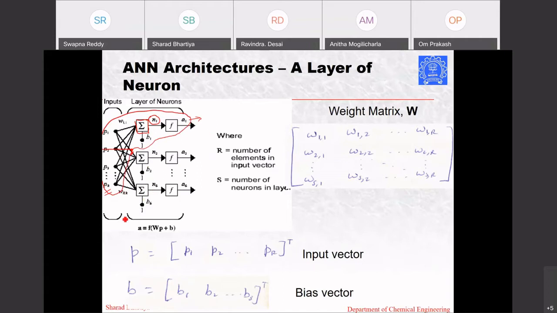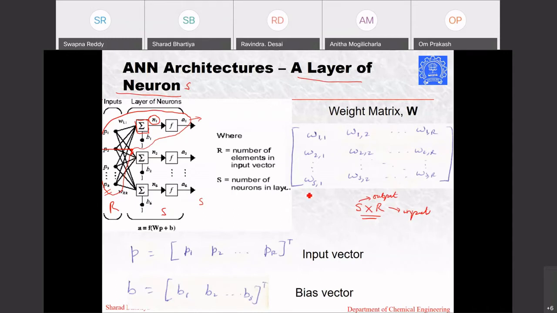So here there are R inputs, there are S neurons, and so there are S outputs. So the weight matrix from being now a row vector has become a full-blown matrix. Okay, so it is an S cross R. S are the number of outputs, and R are the number of inputs to that layer. So this becomes a layer of neurons.